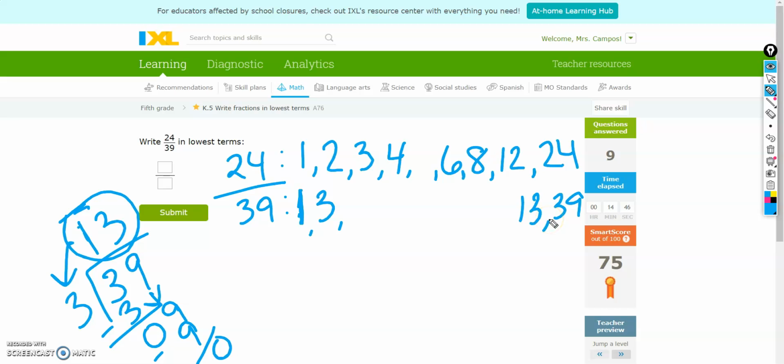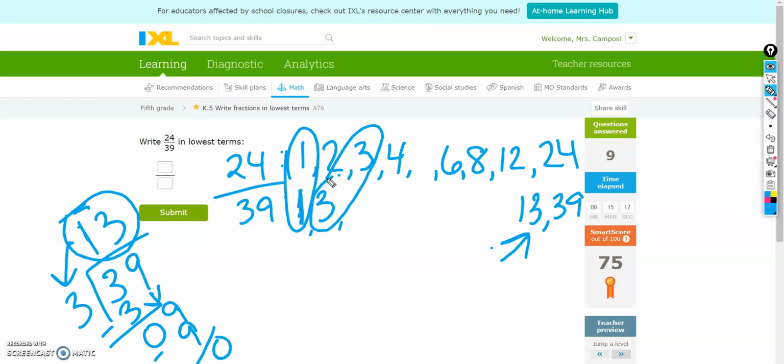So now I'm trying 7, no, 8 doesn't work, 9 doesn't work, 10 doesn't work, 11 doesn't work, and 12 doesn't work, so I am now to that other side. I still had to think about all of those factors, and if I wasn't sure, I would divide them out, or skip count if you don't know your facts really quick.